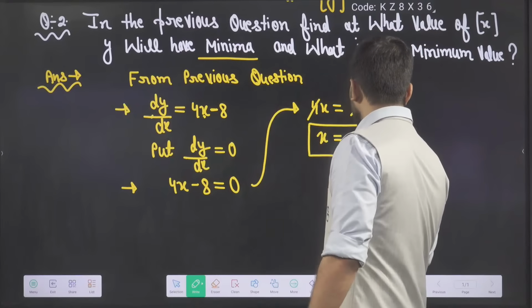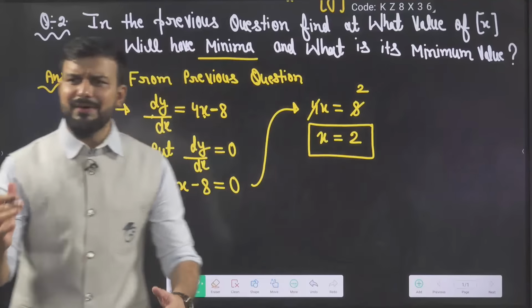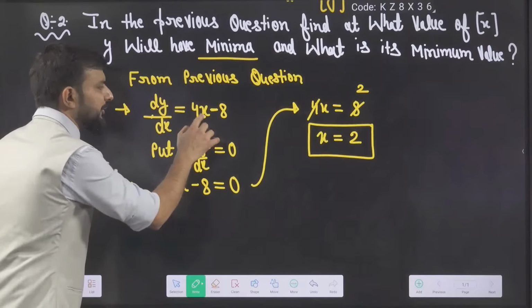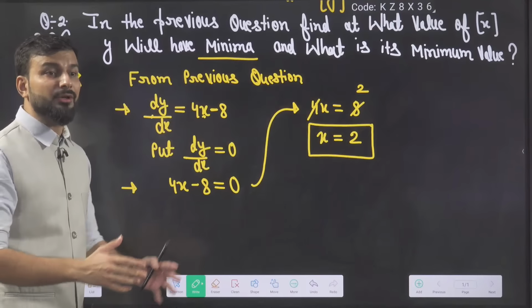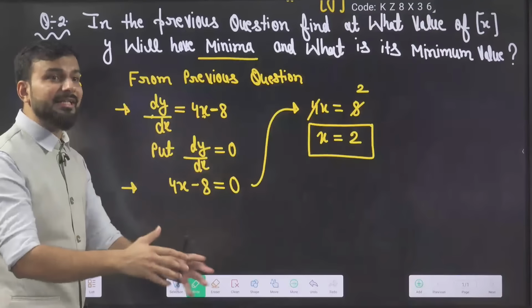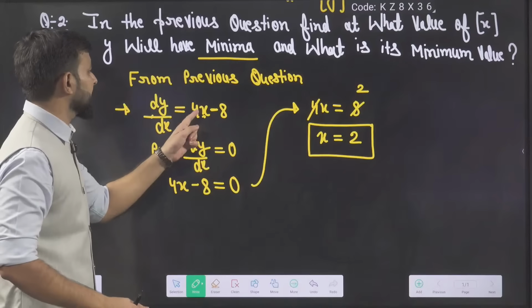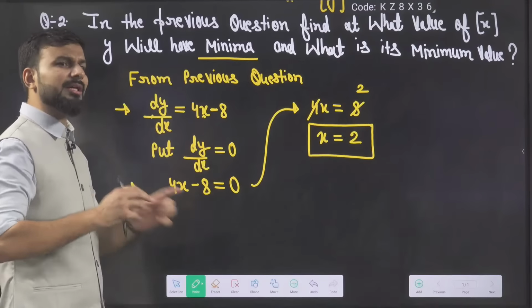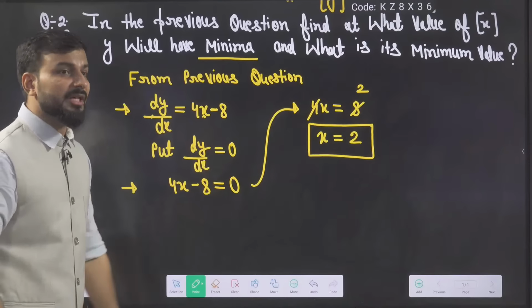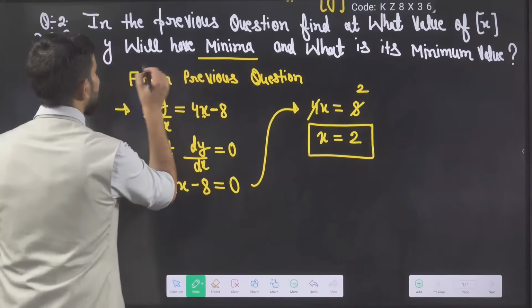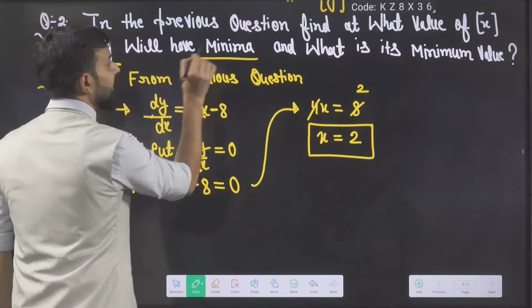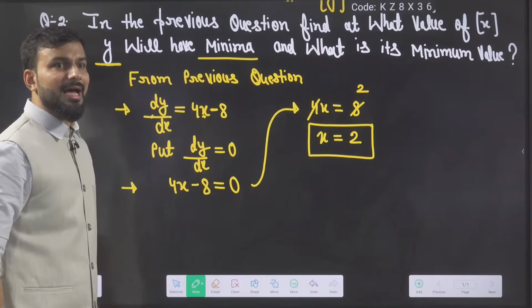2. So how many possible values of x can I substitute here? Infinite. I can put 1, 2, 3, 4, 5, and so on. But there is only one value of x where y will have minima.